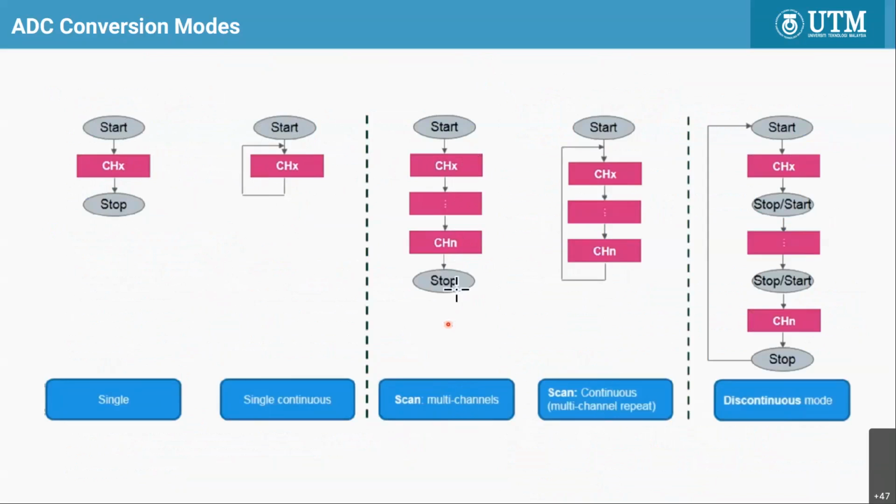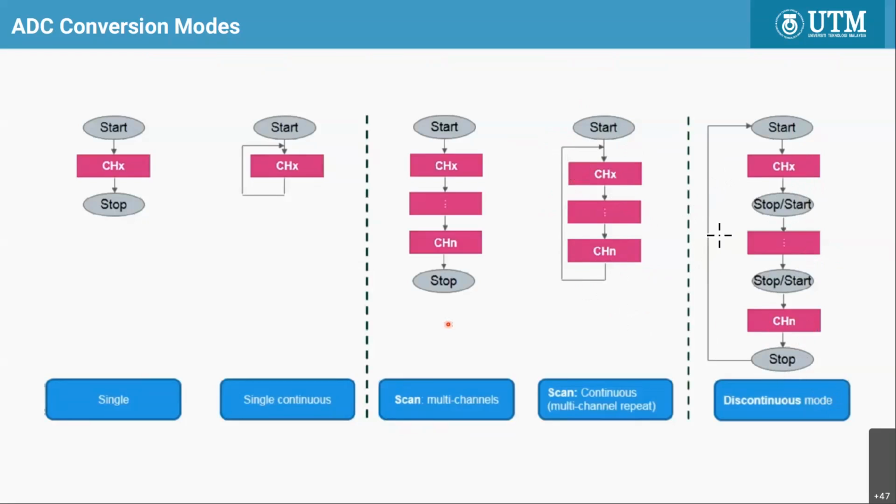So scan multi-channel, or you can have scan continuous. You read channel 0 to channel 7. After you finish channel 7, go back to channel 1 and keep on doing that continuously. And lastly, you have discontinuous. You can have almost like continuous, but you can stop and start. So after you scan a bit, you stop it and then start it again.